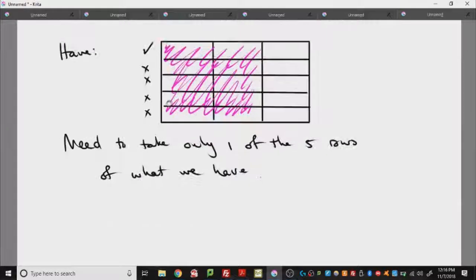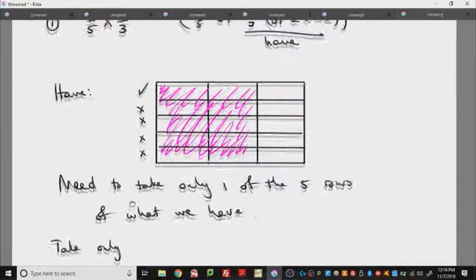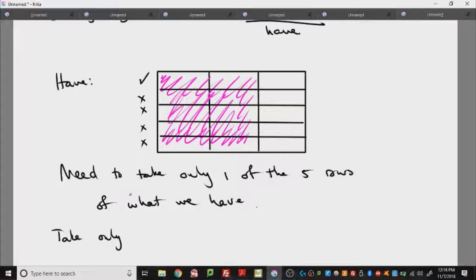So, what do we take? In terms of what I take? I need to take a fifth, and the fifths are represented as rows. So once I've committed to that, I need to take one of the 5 rows.